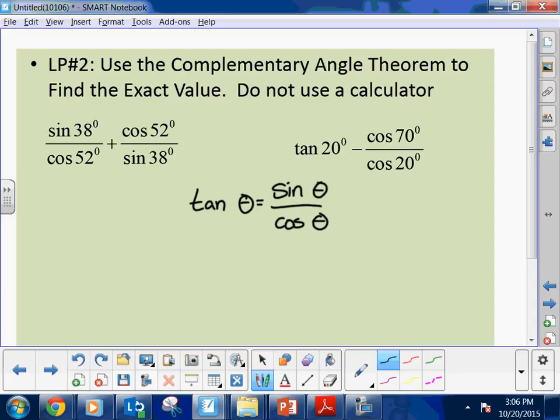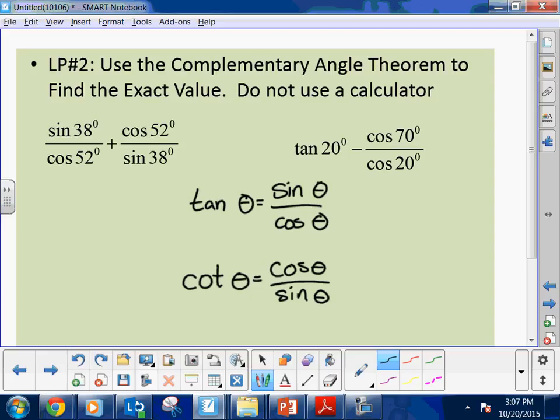So we could have the possibility of transforming this into this and then finding the value. Or remember the cotangent, it's just the reciprocal of it. So the cotangent is going to be the cosine of theta over the sine of theta. Or we could go ahead and convert it to this, one of the two.